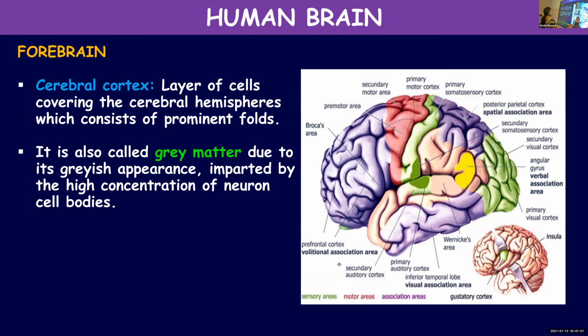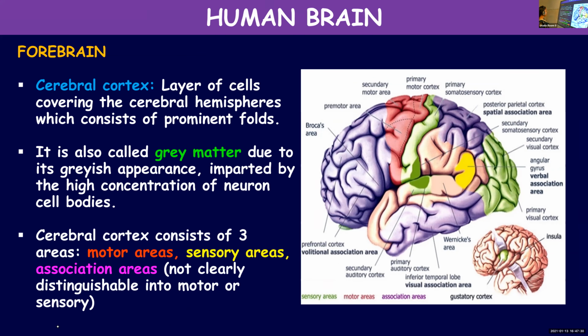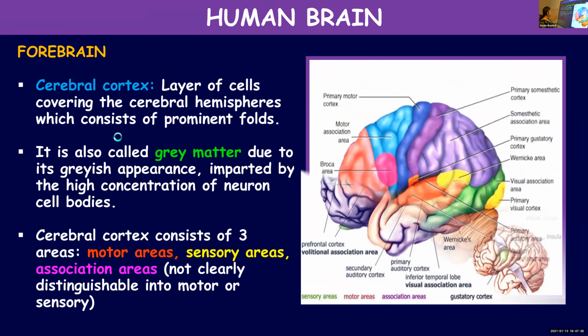Okay. So the cerebral cortex is the outer region of cerebrum. You call it gray matter because it is gray in appearance, and this is due to the high concentration of nerve cells. And cerebral cortex can be separated into different regions.